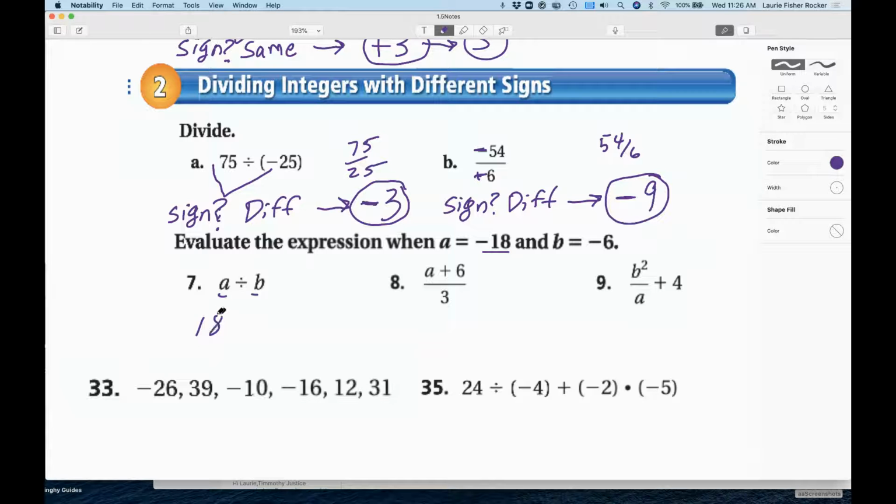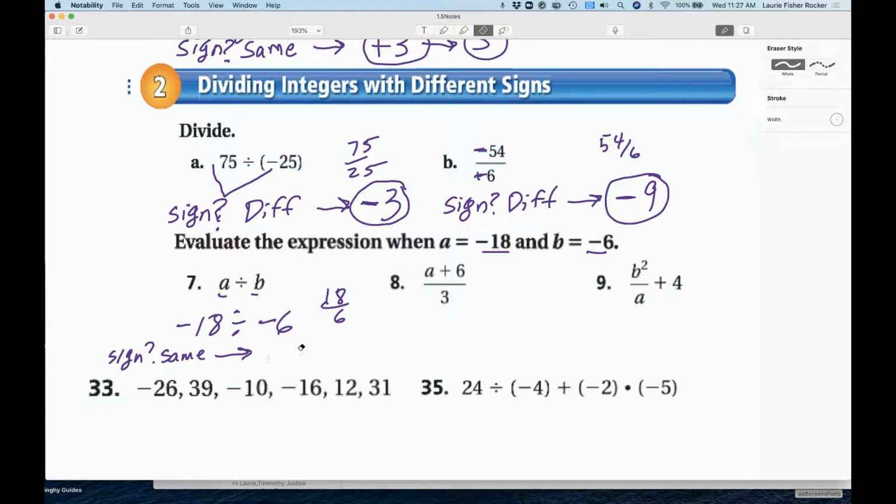So A, negative 18, divided by B, negative 6. Then we have our two steps again. What's happening with the sign? It's the same, so it's going to be positive. What's 18 divided by 6? 3. Oops, I said positive; I wrote out positive instead of actually giving my symbol. So positive, and 18 divided by 6 is 3.